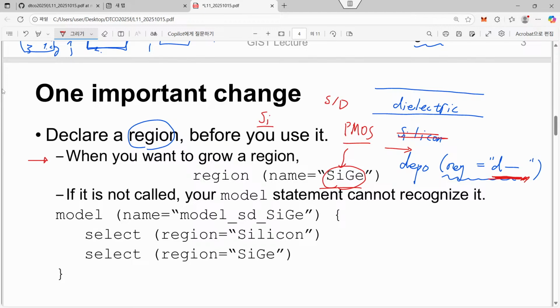slightly added phosphorus in many cases. You know, in many cases, when we make N plus doping, also when you use ion implantation to generate a highly doped N plus region, we usually use arsenic atoms.